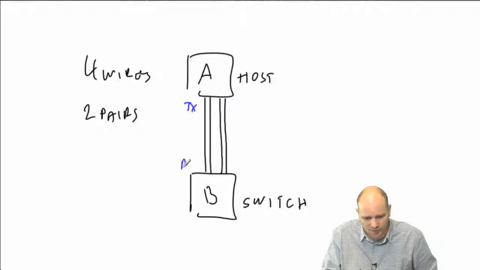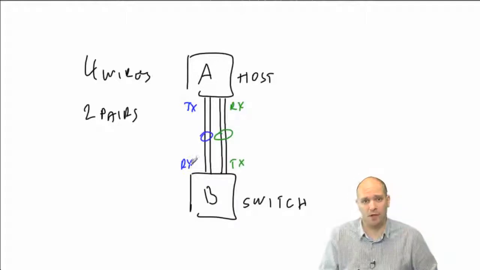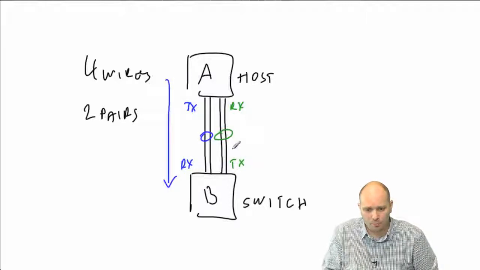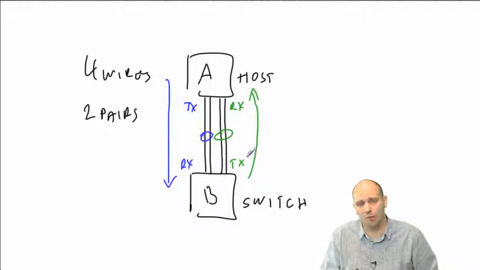This one is connected to the receiving side, and we have the exact reversal of roles on this pair here. So let's call this one a green pair, and let's call this one a blue pair of wires. So traffic sent by A to B is going to go over the blue pair, and traffic sent from B to A is going to be sent over the green pair of wires.